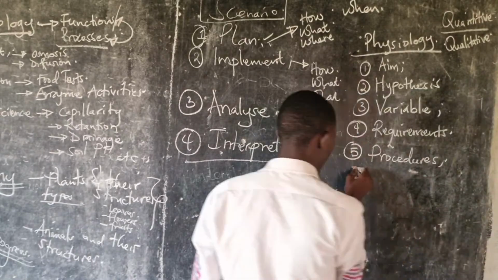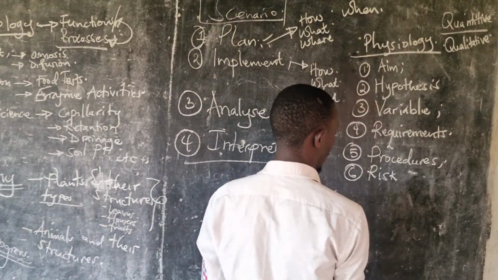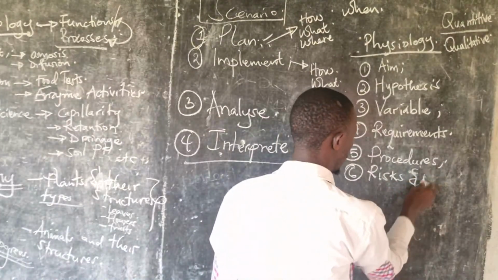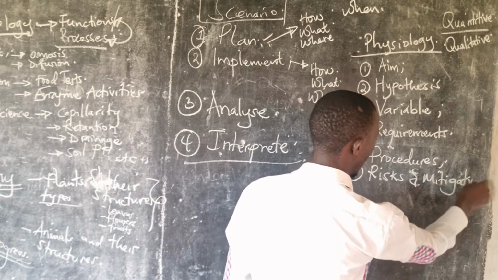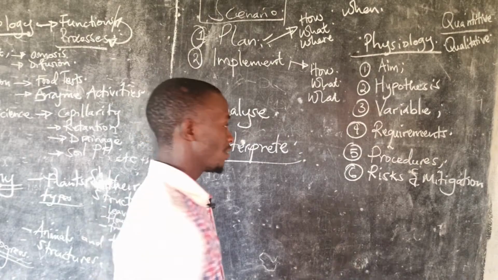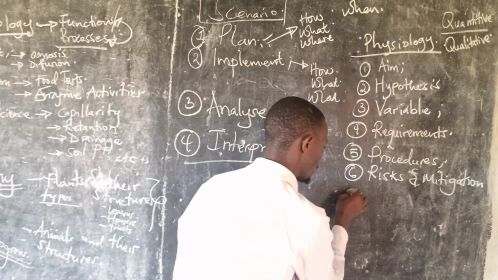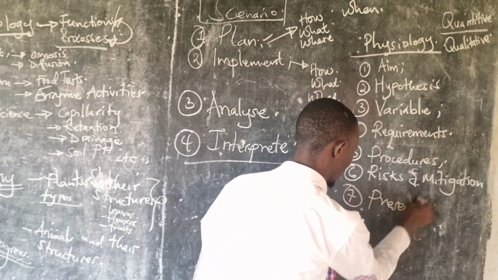One should think of the possible risks and their mitigations that are likely to occur during the experiment. One should know how to present results.